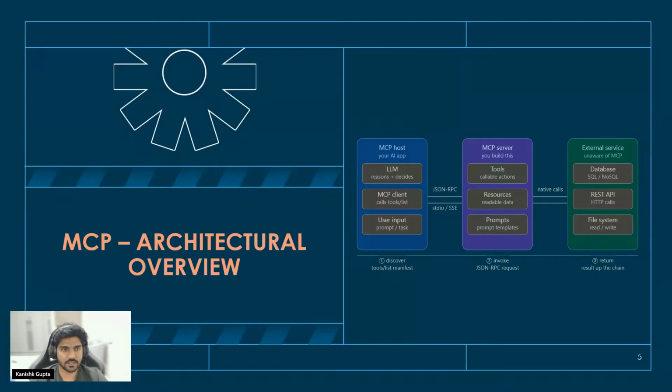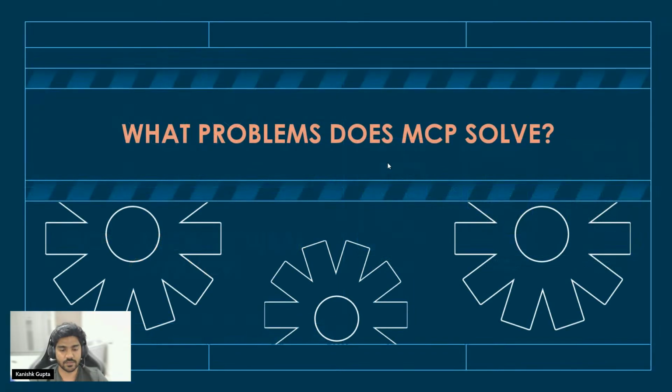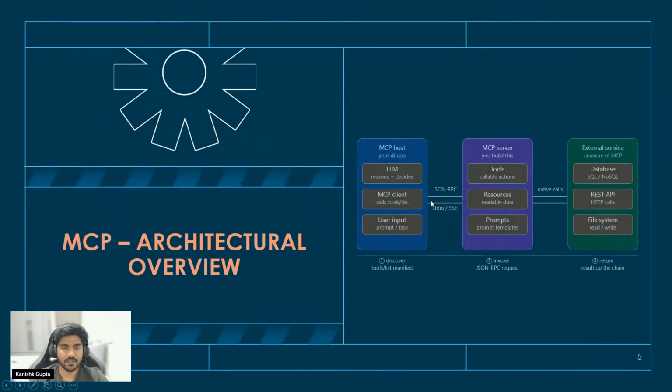So the host is like the browser. It has no idea how the server works internally. It just knows how to make requests, right? So this was about the MCP host. An MCP server consists of three parts: tools, or callable actions; resources, or readable data; and prompts, which consist of prompt templates, right?